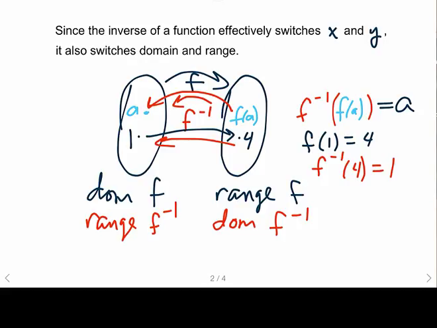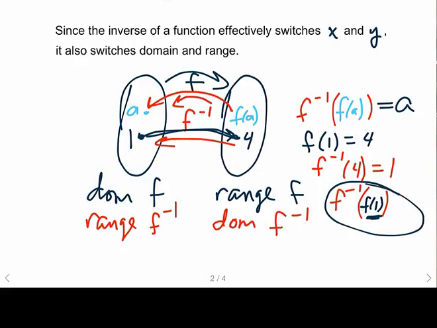Now if I compose f inverse with f of 1, then that's saying to take 1 to 4 using f, that's the inside, the argument, and then f inverse is asking us to apply the reverse. Where did 4 come from? It came from 1. Here's the kicker.